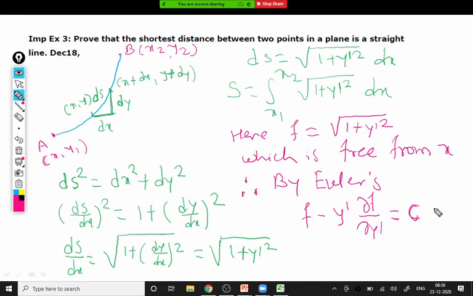But if you want to simplify your calculation, whenever f is free from x, it is better to use the second form. Any doubt up to here? Now a very simple thing is left: just replace the values of f there, and we get the answer. Is there any doubt? I will erase this side.